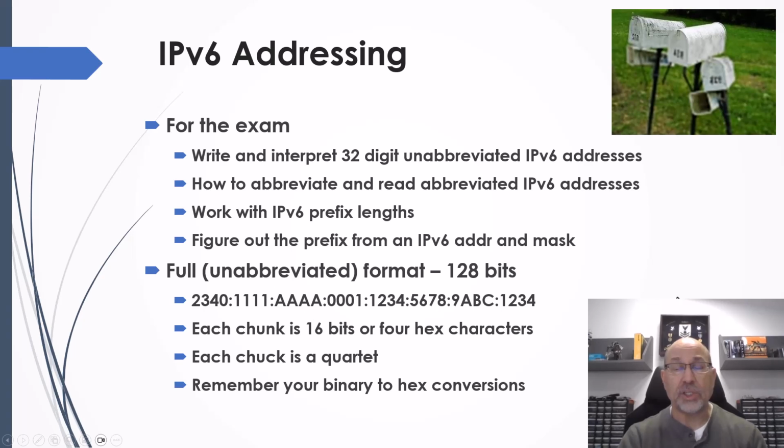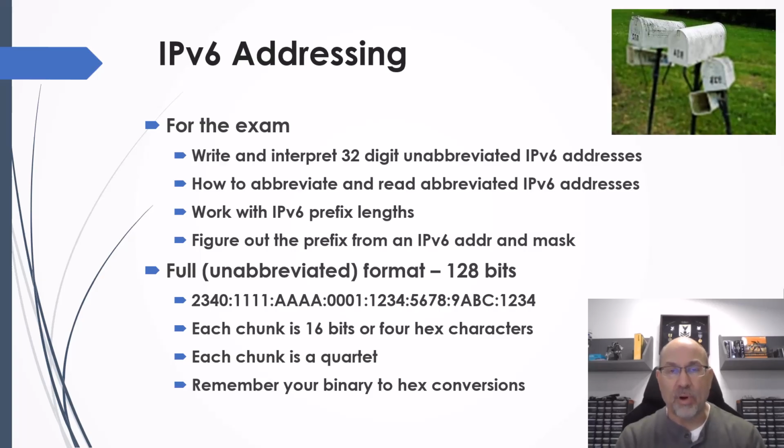Each chunk is 16 bits. Now each chunk is a quartet, and it's called a quartet because there are 4 hex characters there. So 4 hex characters, each 4 bits, gives us 16 bits for each chunk of address space in an IPv6 address. So if you do the math, 8 times 16, you get 128.